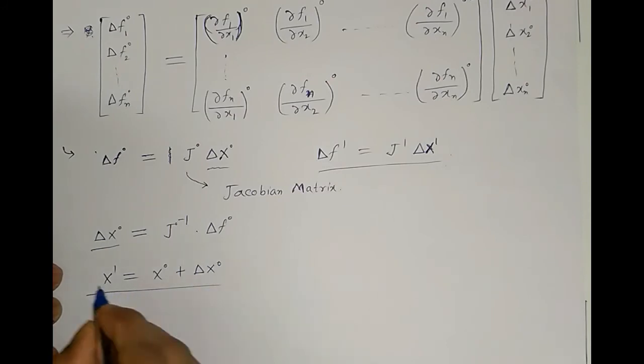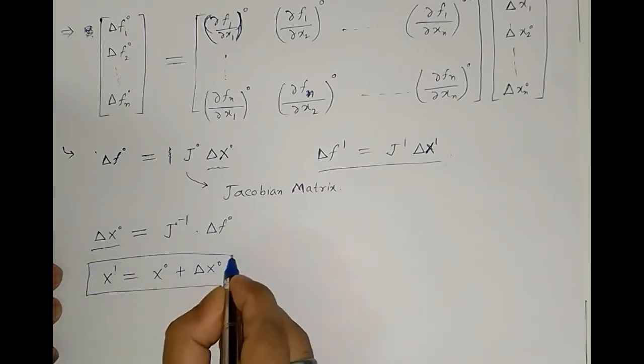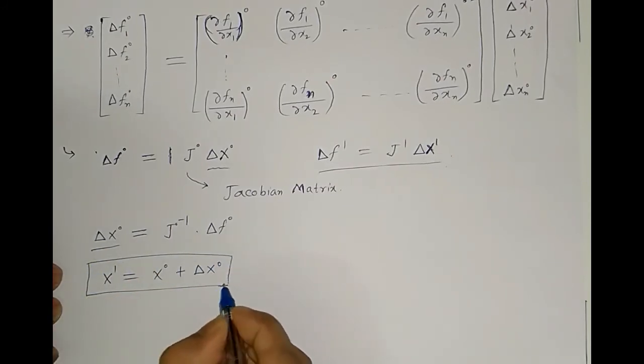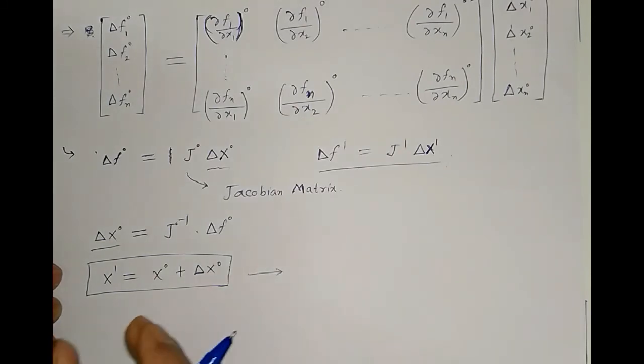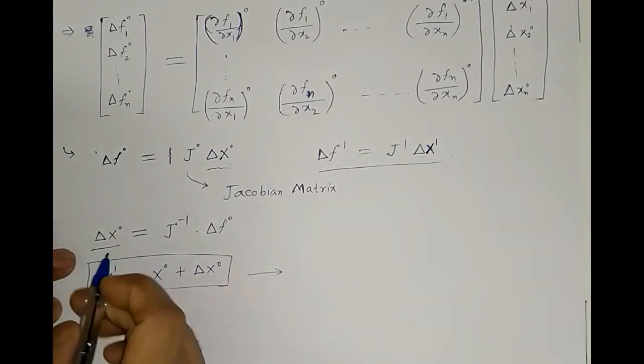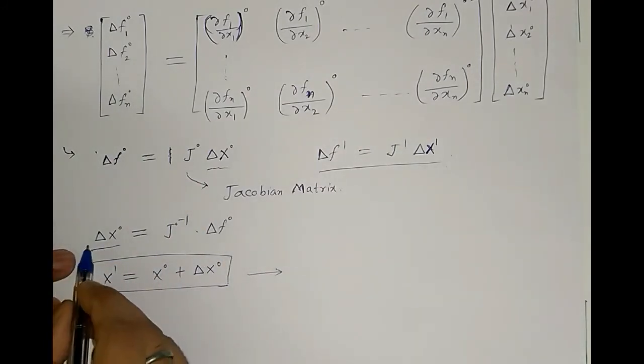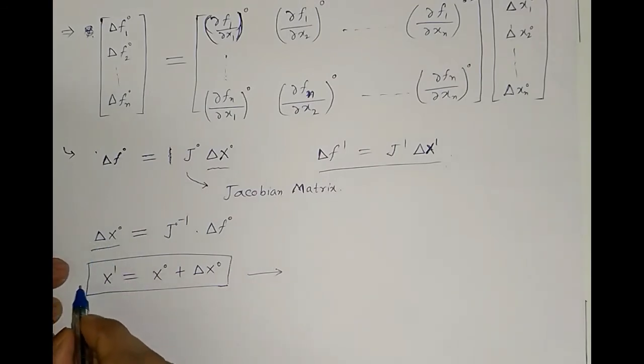We calculate this error first, and with its help we correct the unknown variables, which were initially assumed, in each and every iteration.